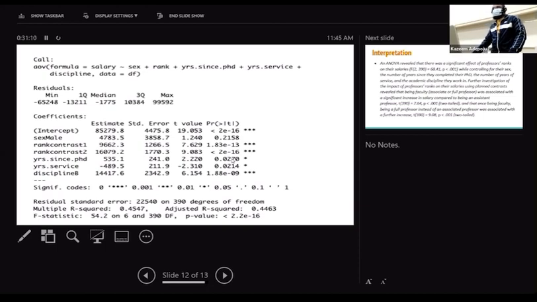You can also conduct what I call one-way analysis of covariance, where you are looking at the effect of rank on salary, then incorporating other quantitative predictors like years since PhD and years in service. You can also consider three-way analysis of variance.